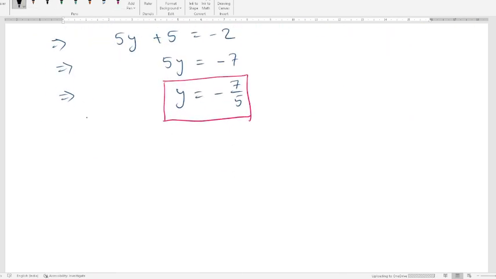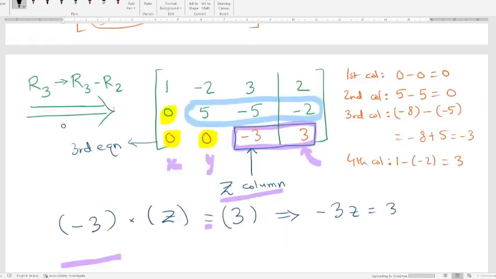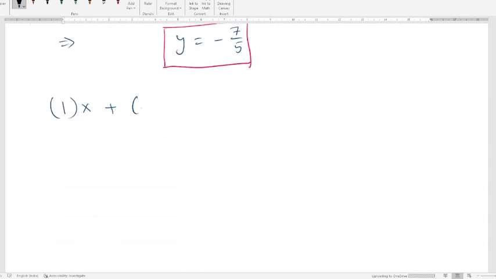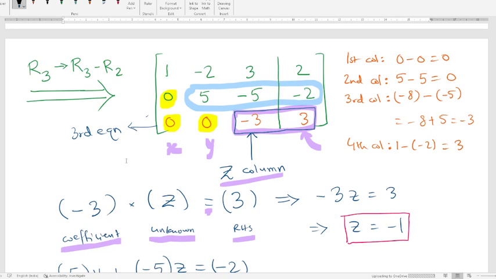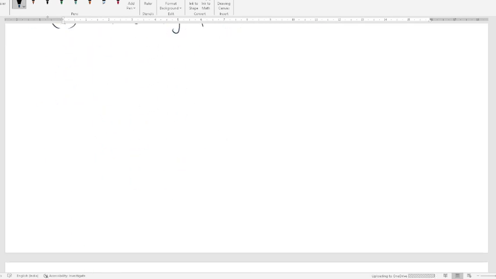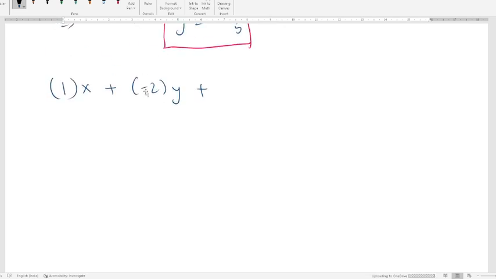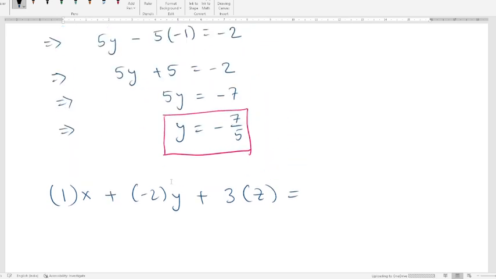So 1 multiplied by x plus negative 2 times y, plus 3 times z, is equal to, what was there on the right hand side? 2, right?